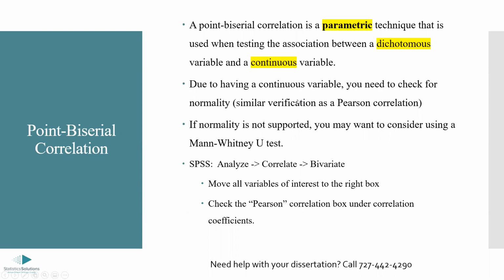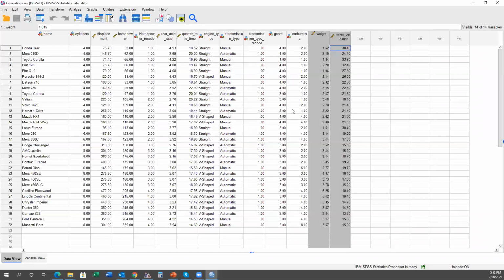So it's a similar verification as we did previously. If normality is not supported, then you might want to consider using what's called a Mann-Whitney U-test. So this is a non-parametric technique that's used more for differences as opposed to relationships, but you can test for differences in your variable between your two groups. Okay, so let's take a look at a point-biserial example.